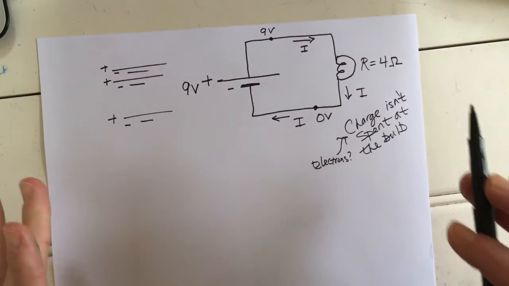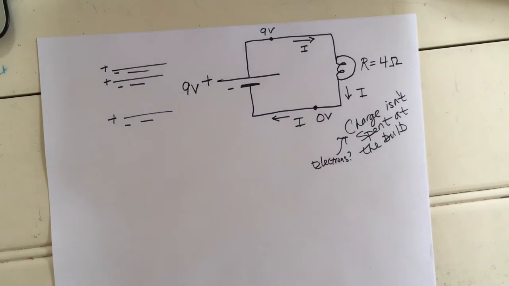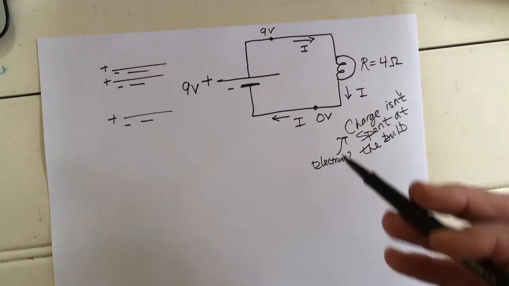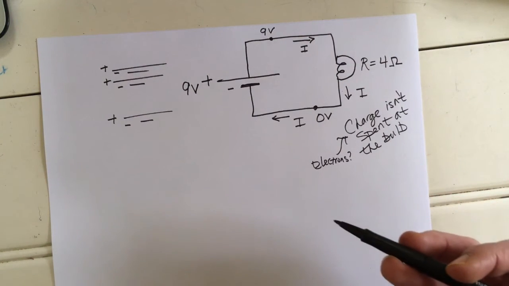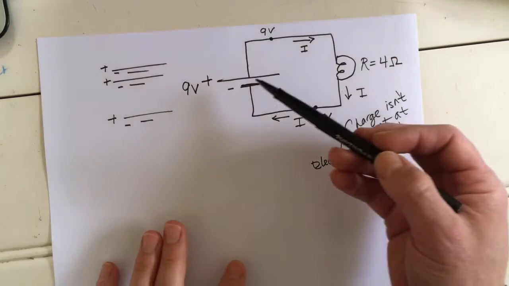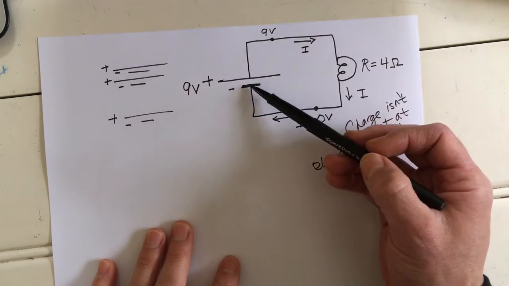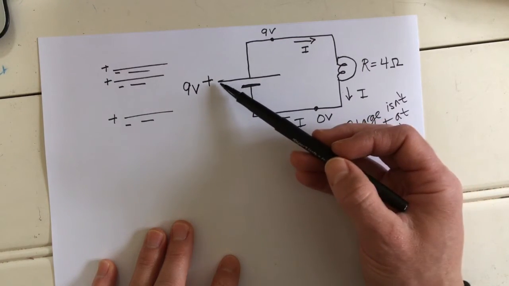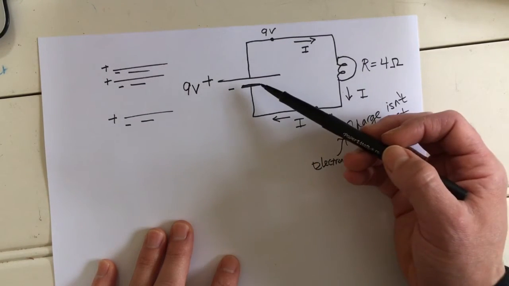So let's talk about a few more of these ideas then. We kind of got potential down, right? There's this idea that potential is the potential to create electric potential energy. This battery has a potential difference between its negative and positive ends, a constant difference that it can create.